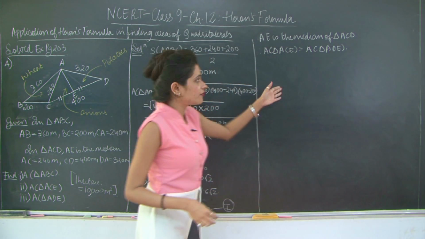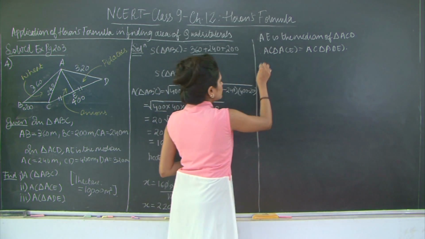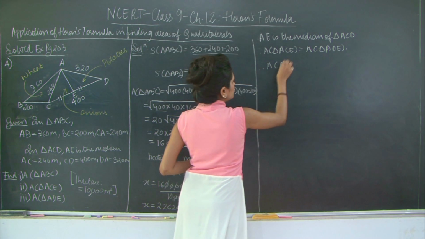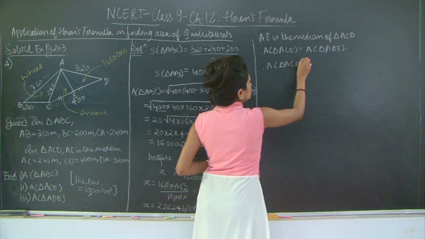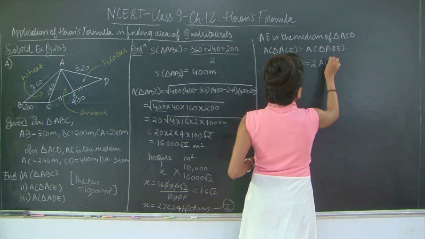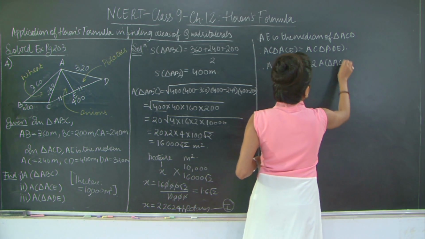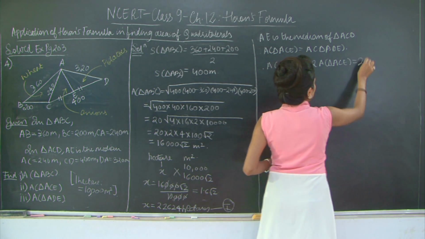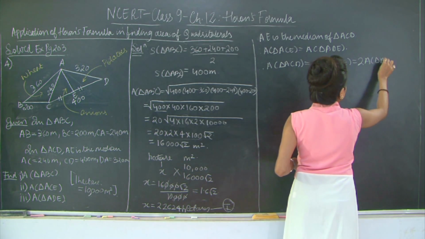Right. Therefore, area of triangle ACD is equal to twice area of triangle ACE, which is also equal to twice area of triangle ADE.